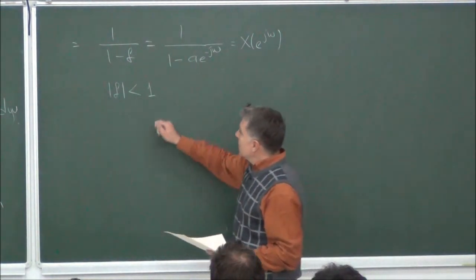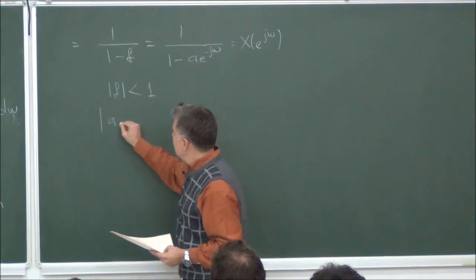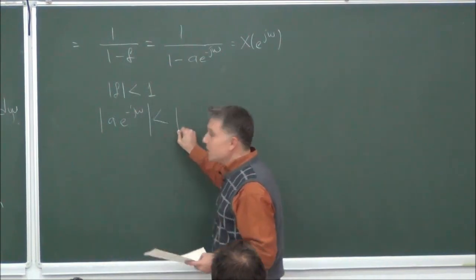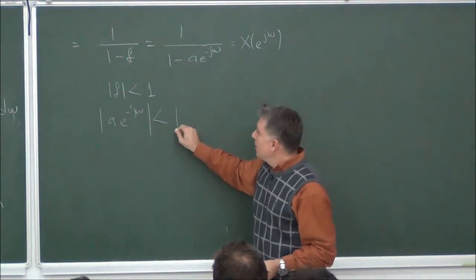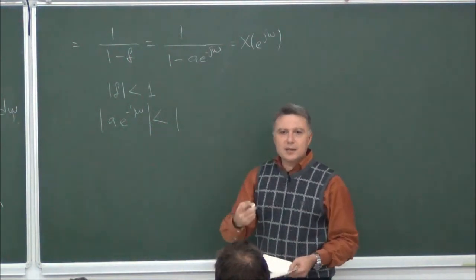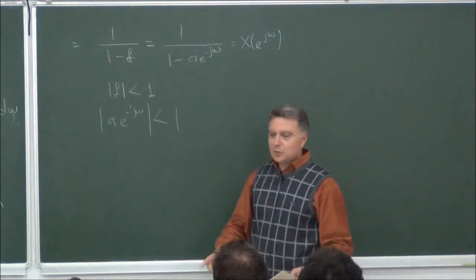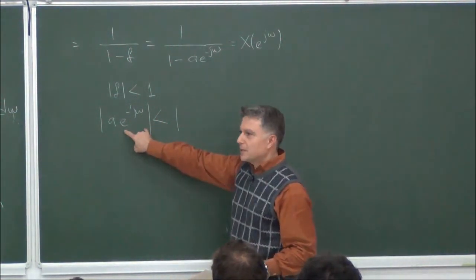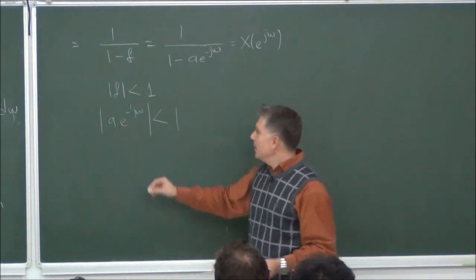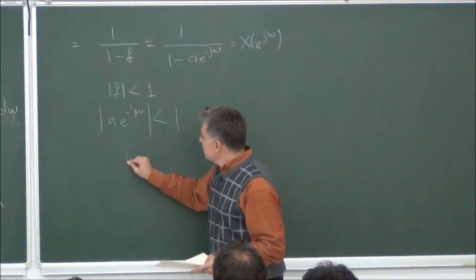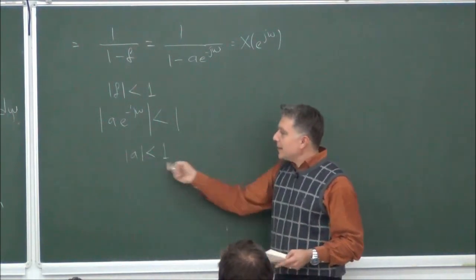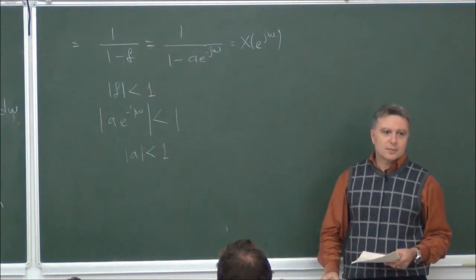So this tells me that a times e to the minus j omega in magnitude must be less than 1. The magnitude of e to the j omega or e to the minus j omega is 1. It's a complex number with unit magnitude. It's cosine square plus sine square, which is 1. So the magnitude of this one is the magnitude of a. And that must be less than 1.